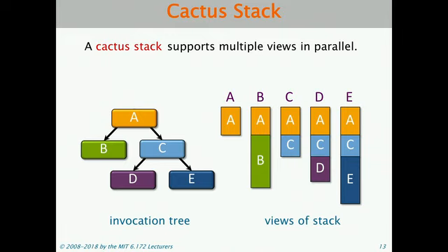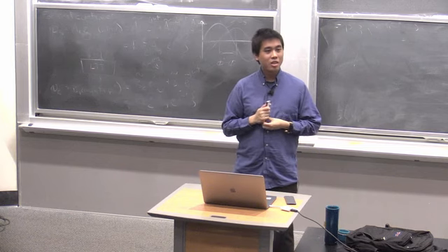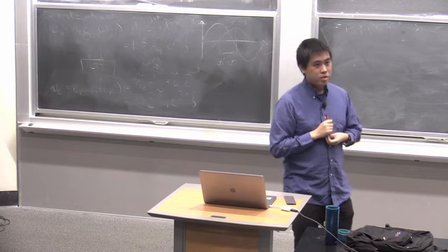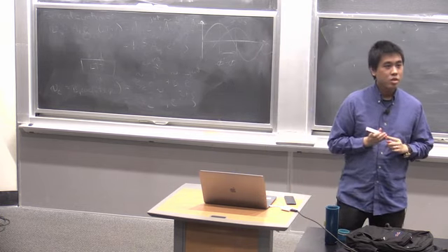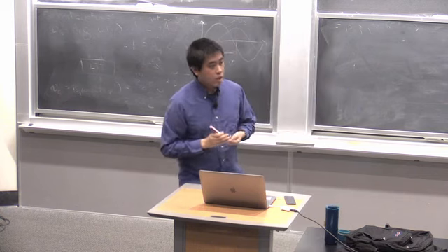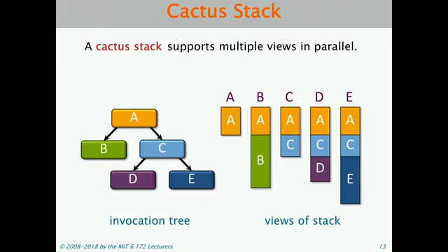OK, yes? If the stack frames have a fixed maximum size, then you could put them all in the same stack, separated by that fixed size. Yeah, so if the stacks all have a maximum depth, then you could just allocate a whole bunch of stacks which are separated by this maximum depth.